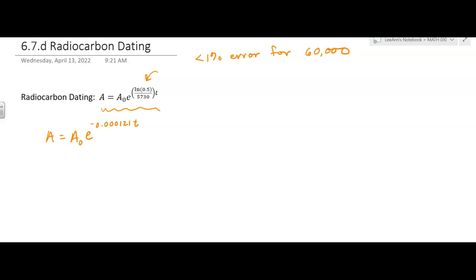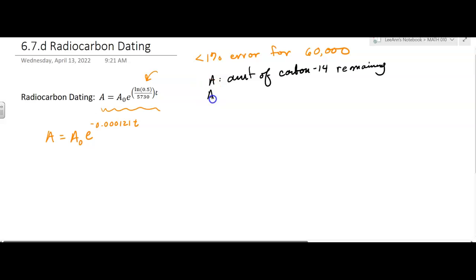Okay, so A is representing the amount of carbon-14 remaining in the artifact, and then A naught represents the amount of carbon-14 before the plant or the animal died.